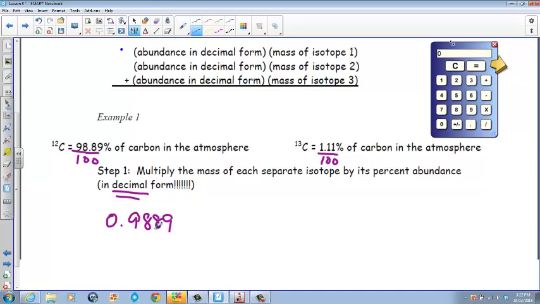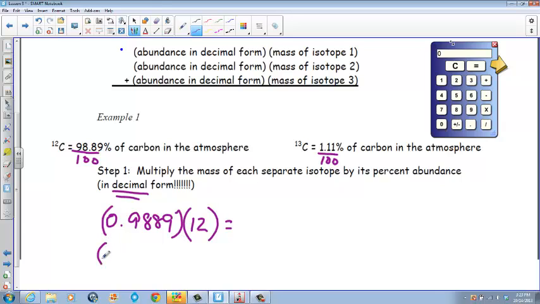So we have 0.9889, and we're going to multiply this by the mass of the carbon. How do we get that? We're going to look at that in a second. So for C12, we're going to put the mass as 12, and then we're going to get an answer for that one.